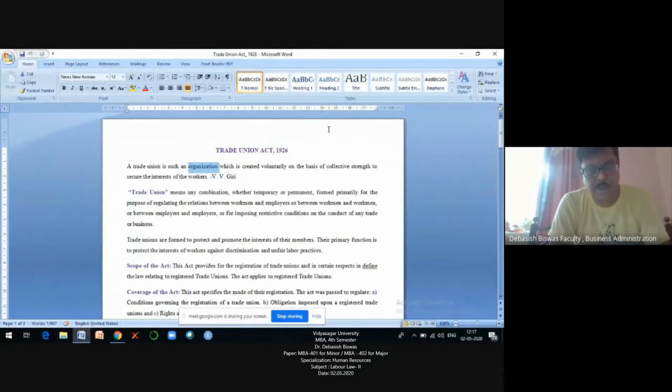When you are applying for registration, the Trade Union Act says that you can also note down at least 10 percent or 100 of the workers employed in the establishment or industry on the date of making the application for registration.